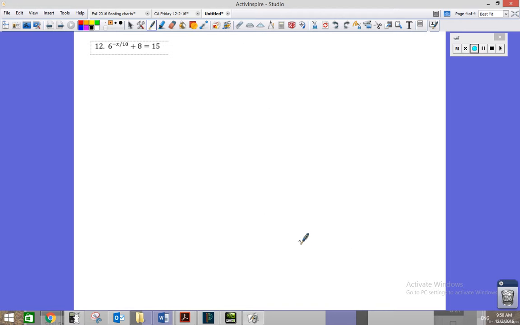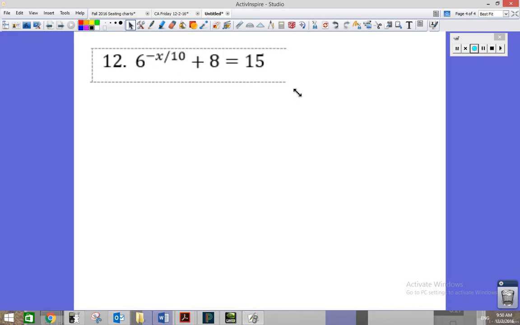Alright, so let's take a look then at number 12. We've got two terms on the left-hand side. The first term contains our variable of interest. We need to get that by itself. So we've got this negative x over 10. If I subtract 8 from both sides, I get 7. Well, I can't rewrite this 6 with a base of 7, so I'm going to have to take the log of each side and use properties of logarithms.